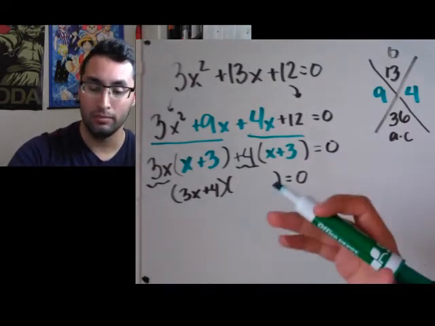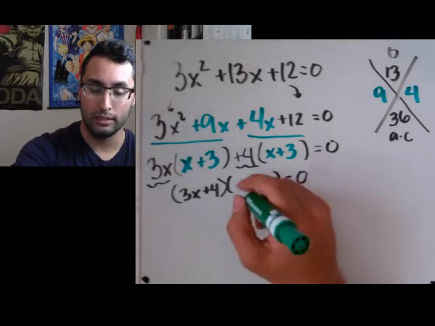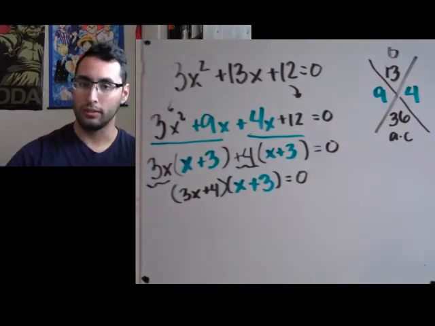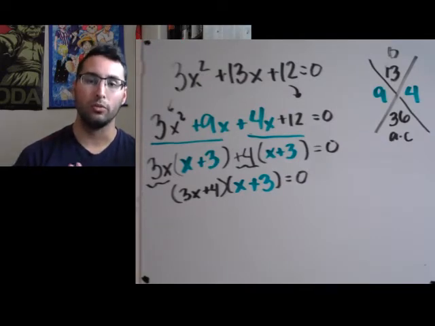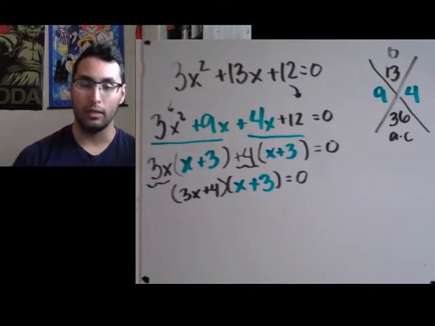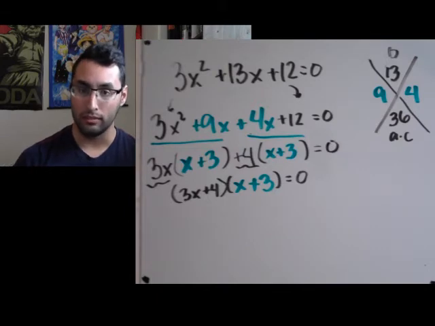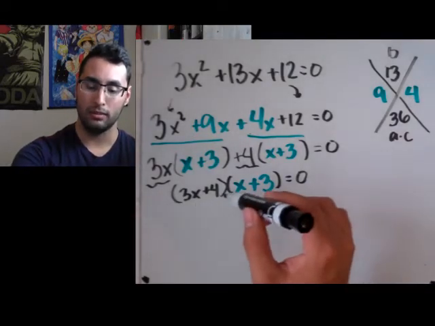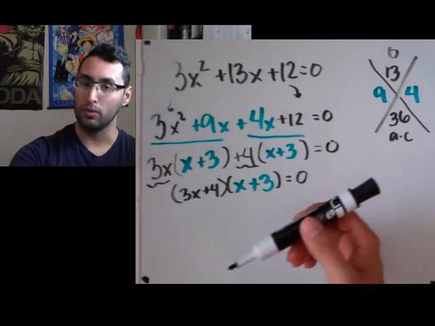Okay. What was on the inside of the parentheses? They had a common set of parentheses. It was just x plus 3. And that's equal to 0. So when we factor by grouping, this is what we had. We just had a product of binomials, and that would be our answer normally. But in this case, we're solving, okay? Which means I do have to use the zero product property, meaning I have something times something equal to 0, set them both equal to 0.